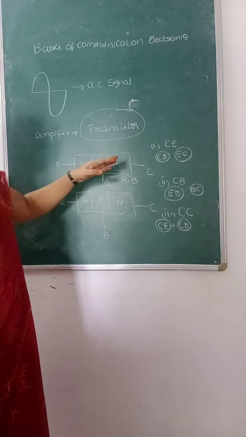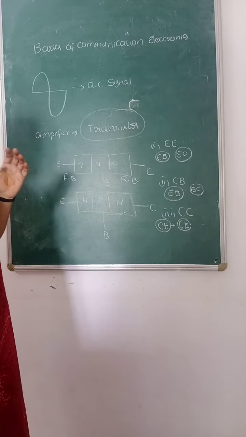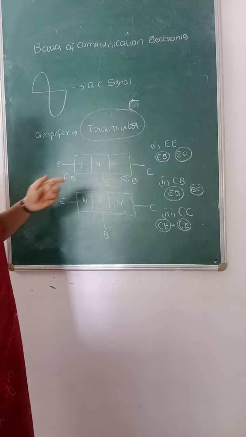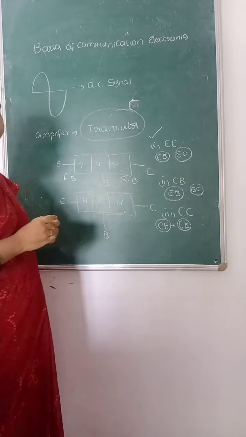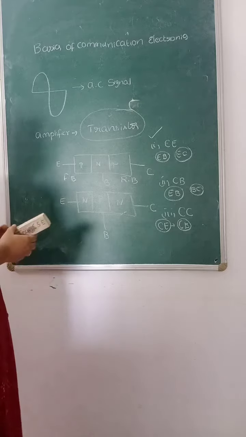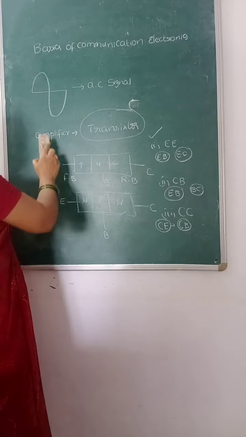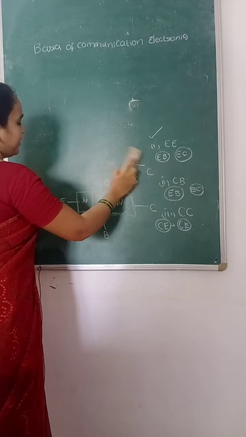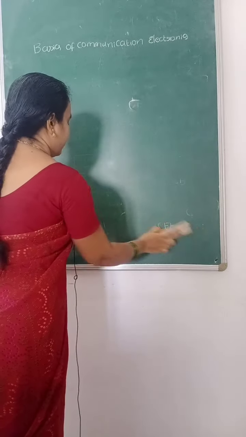These are the three configurations of the transistor used to amplify any AC signal. In general, we use the common emitter configuration because the current gain is higher. So what is the circuit of a single stage amplifier in common emitter configuration?